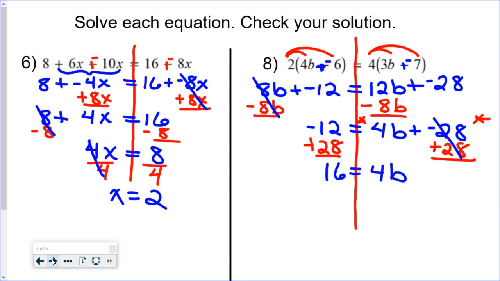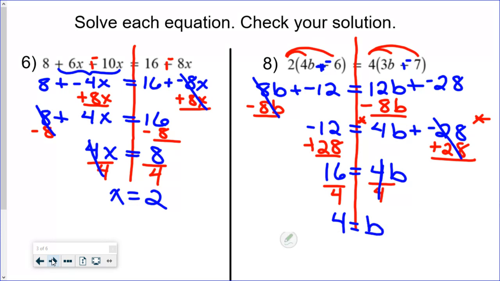Okay, and my last step, if I have b's on both sides or constants on both sides, I did something wrong, but I have constants on the left, b's on the right. Let's leave the b, take the 4, cancel those out, so 4 equals b.